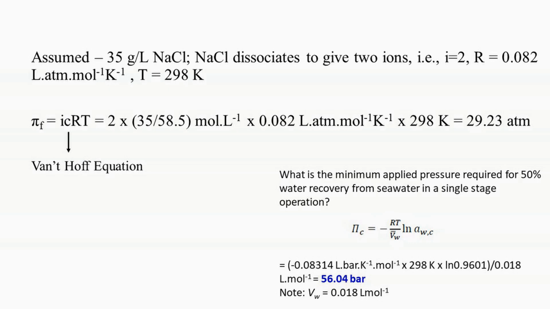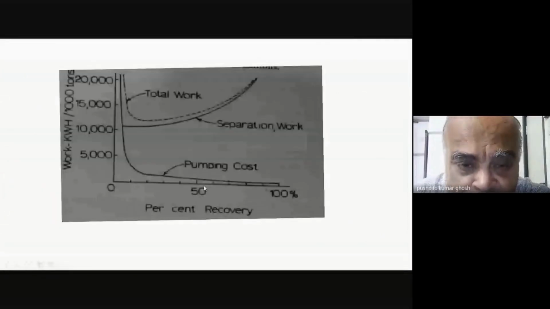And in practice, in reality, the figure is closer to about 70 bar. So you can imagine that it's a very high pressure process. And so that is really why reverse osmosis requires such a high pressure. This is the compromise which people have to make.